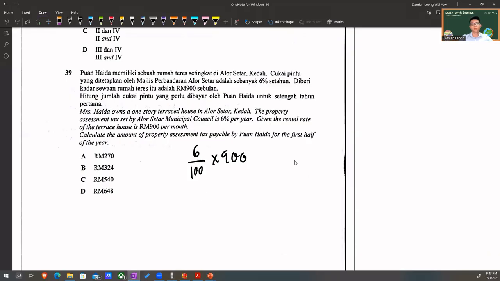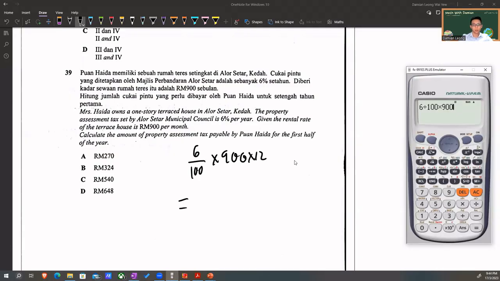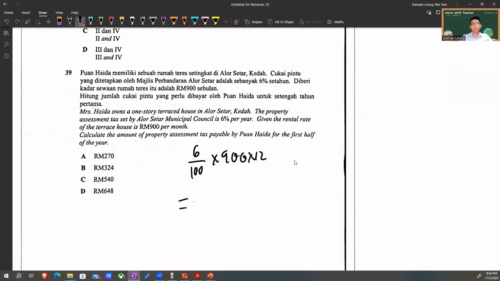Sorry, not 900. Times 12, because 1 year. 648, but that's not the answer because this is for a whole year. So for first half means half of that. So I have to take 648 divided by 2. 324. Answer B.